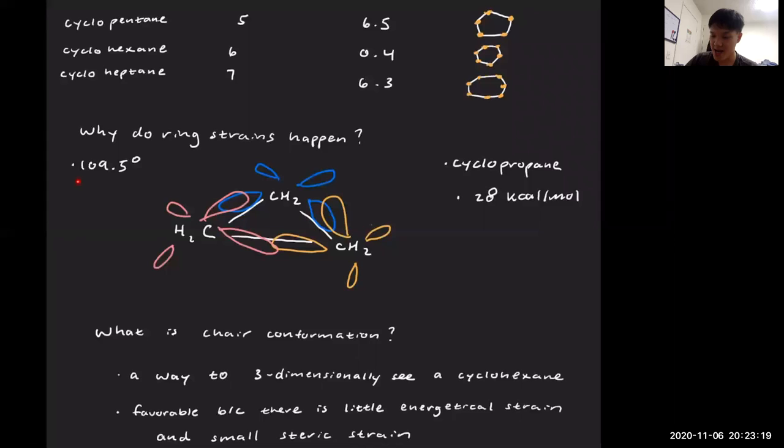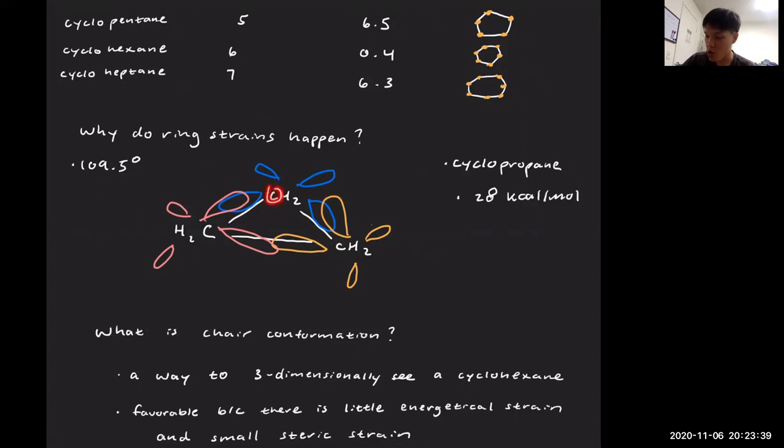So knowing that the carbon wants 109.5 degrees of bond angle between them, I want you to take a look at the angles that are here, the angles between the bonds, as well as these orbitals. I drew it so that each color represents each carbon.